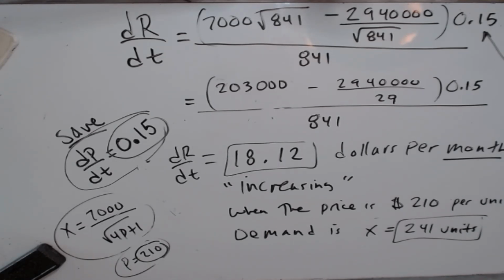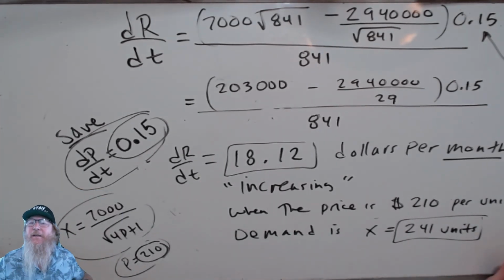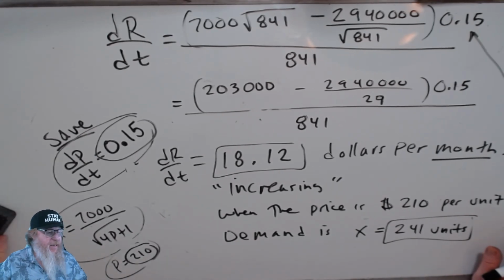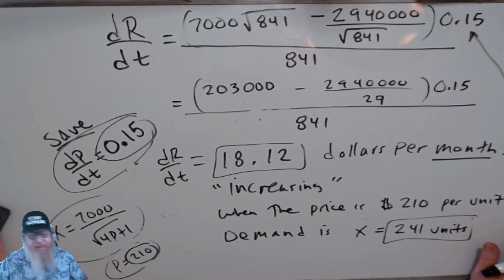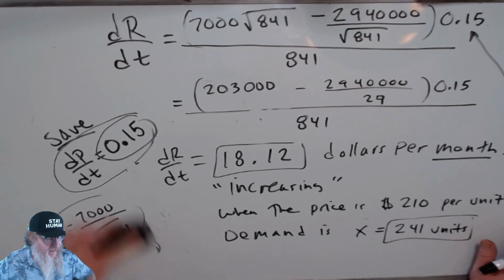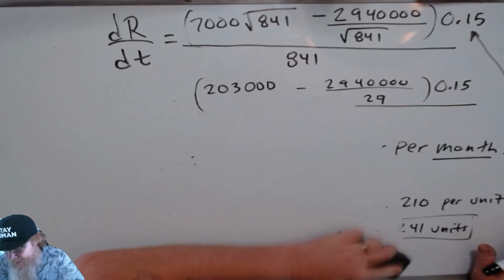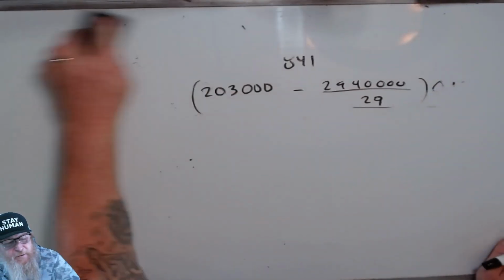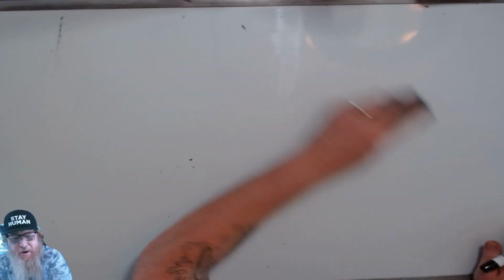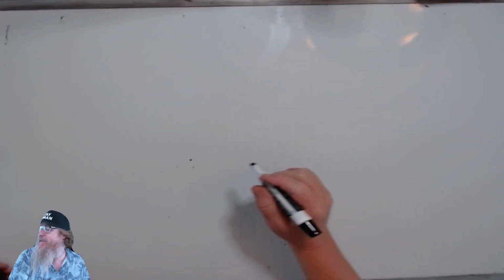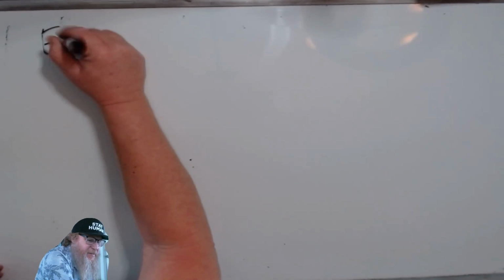So we only have time for one more example, and then we will be done with our lesson on implicit differentiation and related rates. The next example is given in two parts. There's an equation for the demand and the price.